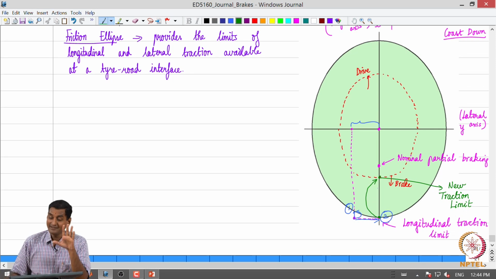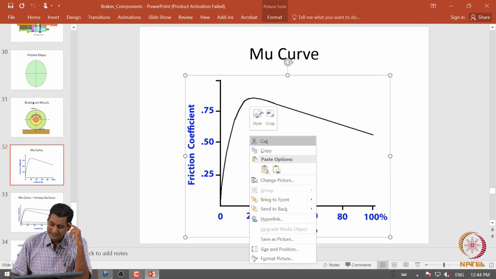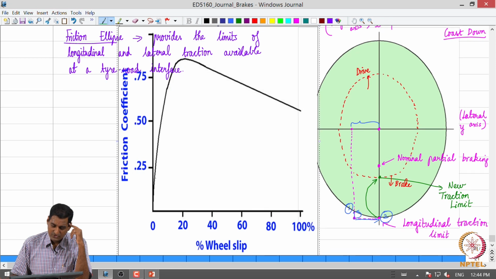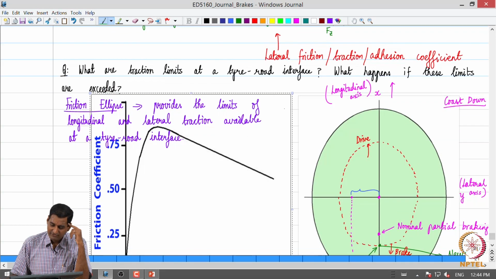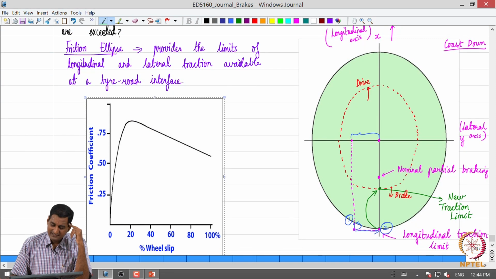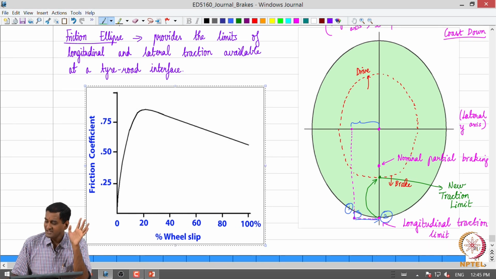But then how can that be done? I am going to explain what is called a mu lambda curve. For the time being, let us only look at straight line braking. Let us not even look at steering.